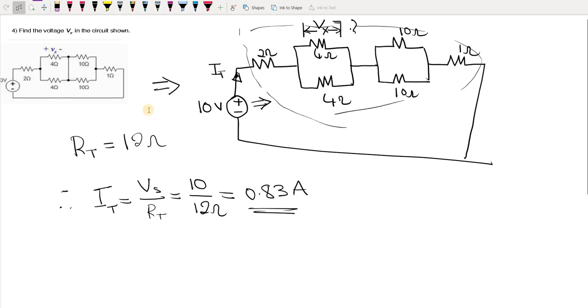That is not going, let it be there, no problem. Okay, let me mark the current here, that is I total. I total is equal to 0.83, that is this current is 0.83 amps.